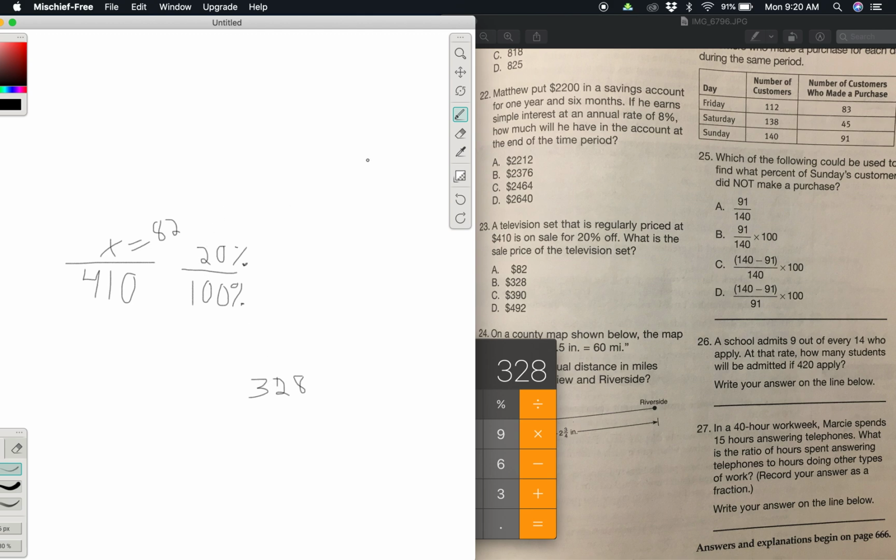So if you did 80%, since you know 100 minus 20 is 80, then that whole thing we did, 80 times 410 minus 100 divided by 100, would come out to 328. Then you could cut out one step.